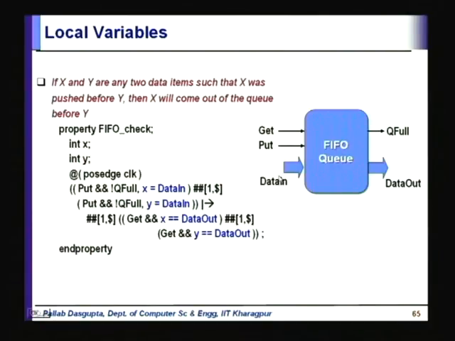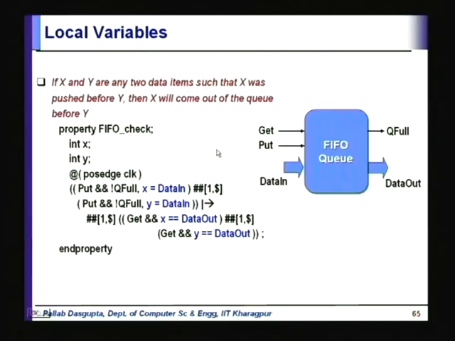Suppose we want to say for a particular queue that if x and y are any two data items such that x was pushed into the queue before y, then x will come out of the queue before y. This is the first in first out property: in whatever sequence the data goes in is also the sequence in which the data should come out.